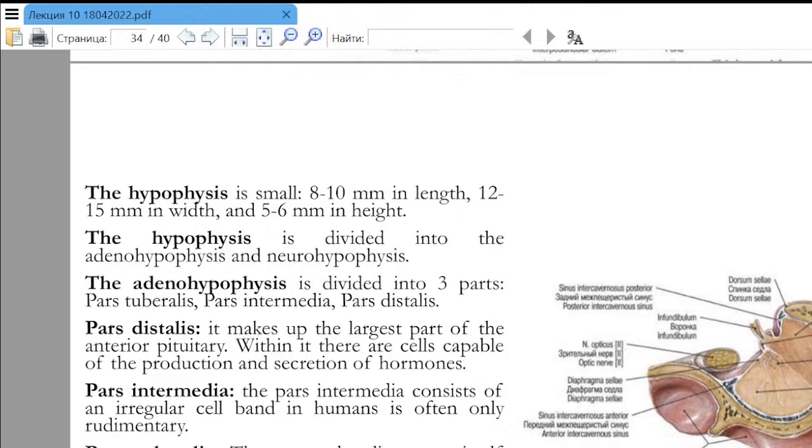This is pars tuberalis, pars intermedia, pars distalis. The sella turcica.